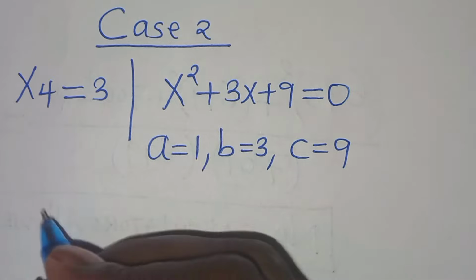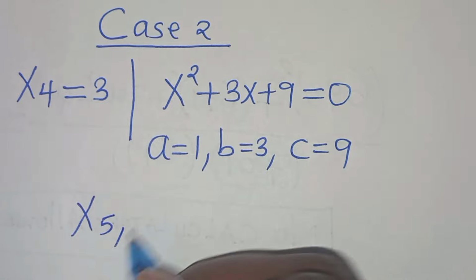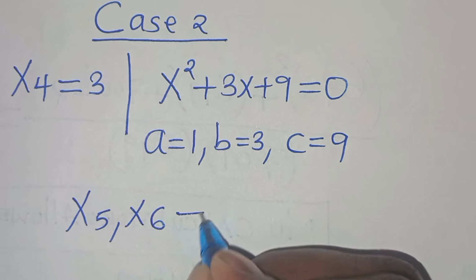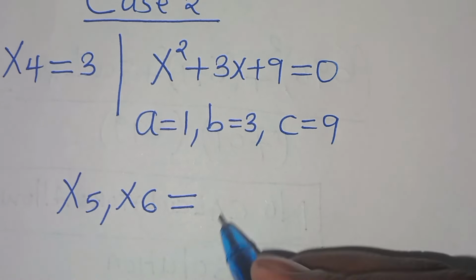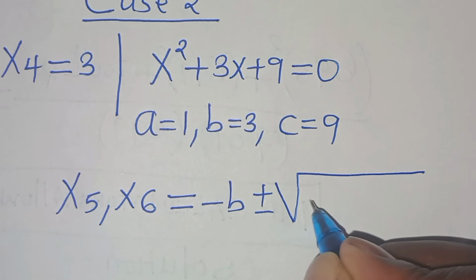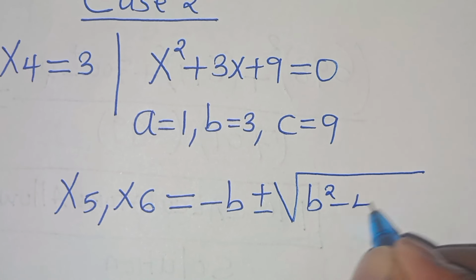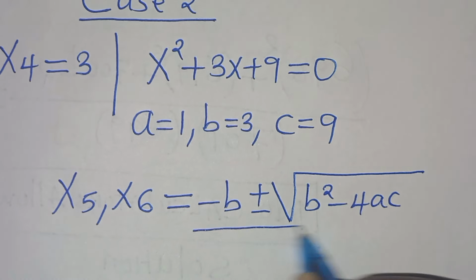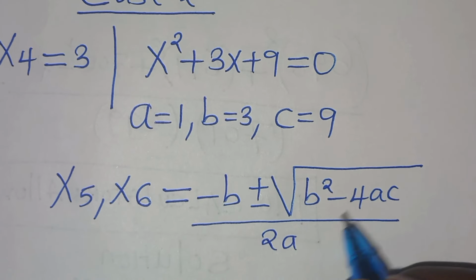Now let's solve for x5, x6 by applying the quadratic formula here, which is minus b plus or minus the square root of b squared minus 4ac, everything here divided by 2 times a.